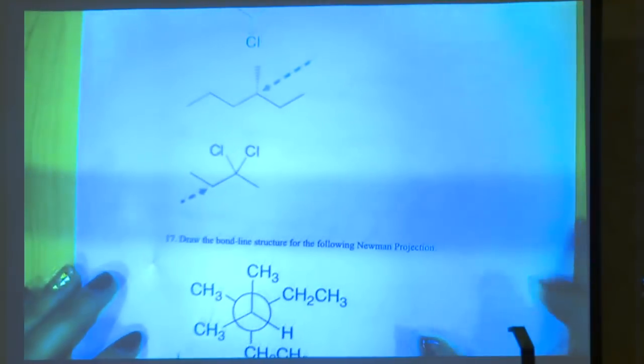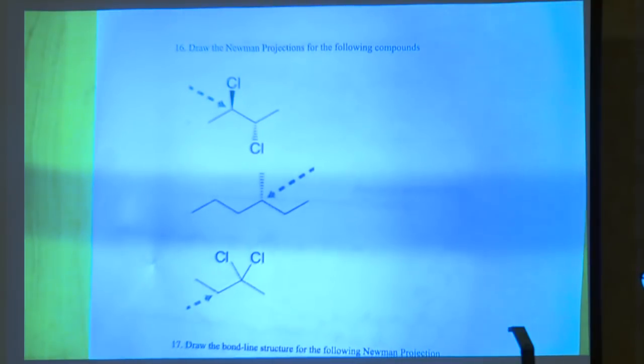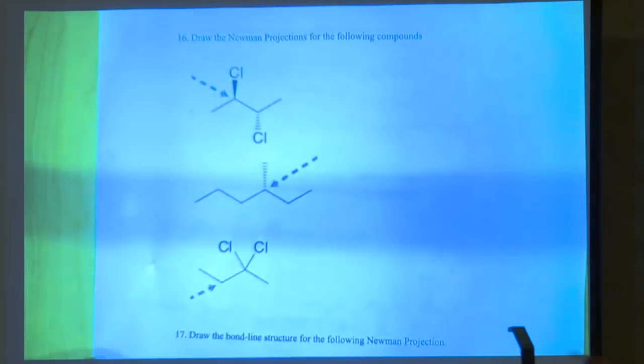Okay. So draw the Newman projections for the following, and the arrows are showing you where you're going to draw it from. So how do we draw our Newman projections?